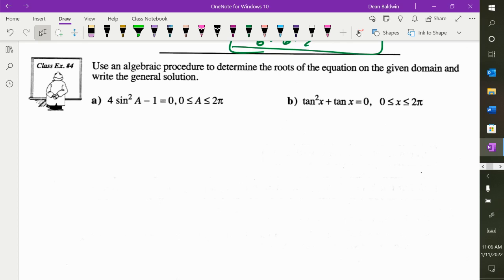What is my first step here? Substitute. Okay. You want to make it b? Okay, so I'm going to show you a couple different ways to do this one. So b is equal to sine a. Yeah. So you get 4b squared minus 1 is equal to 0.